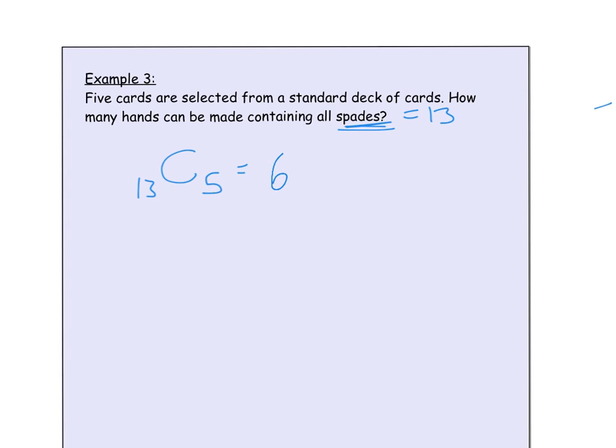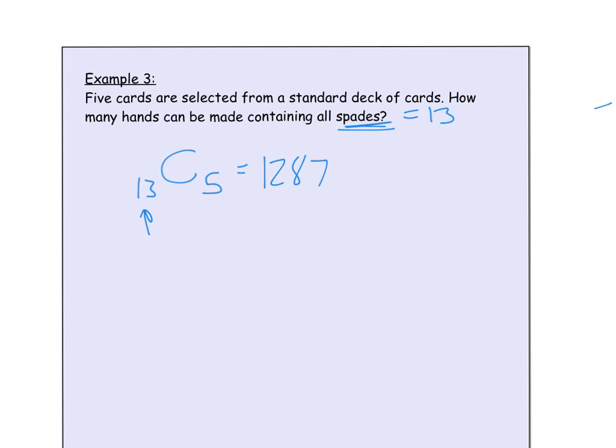Oh, thank you for correcting me. I did screw that up. Let's try it again. 13. 13 cards in each suit, taken 5 at a time. 1,287. Okay.